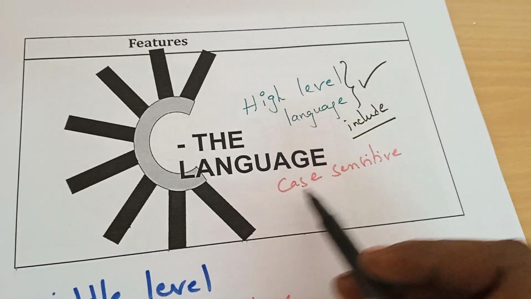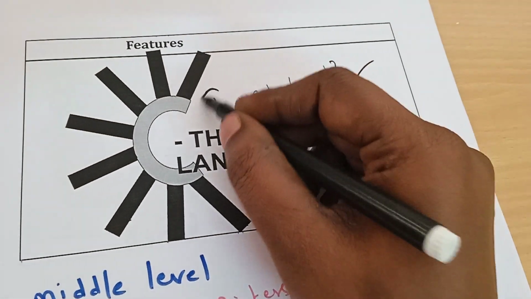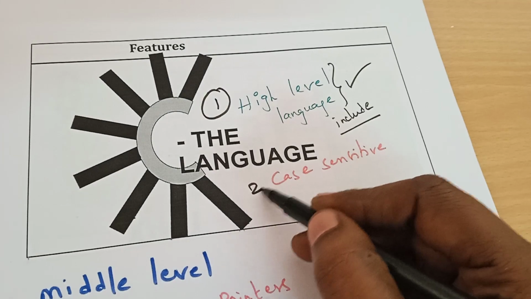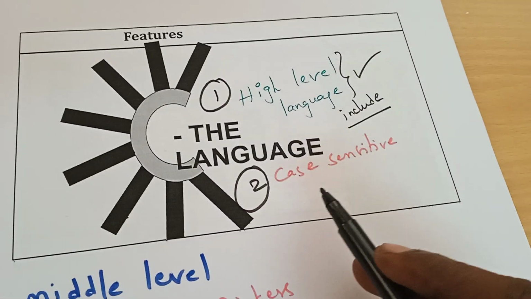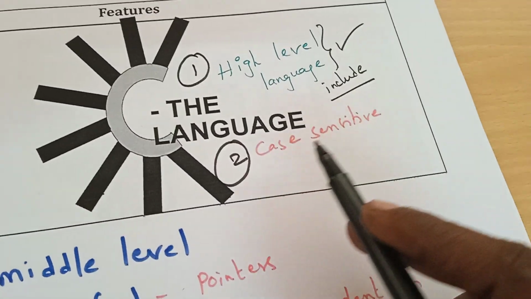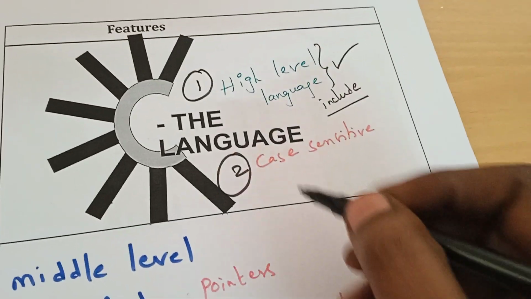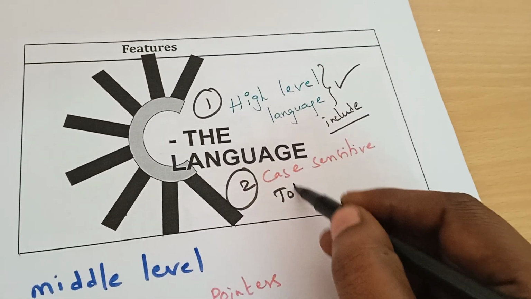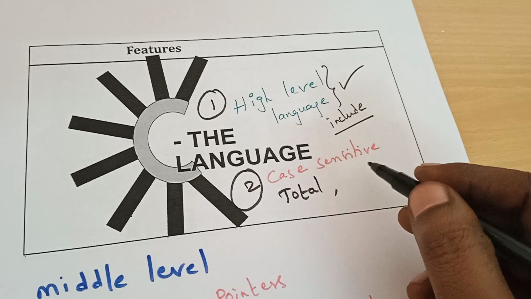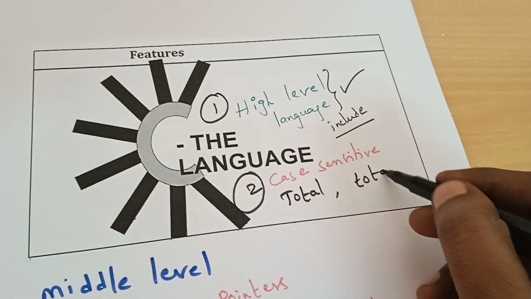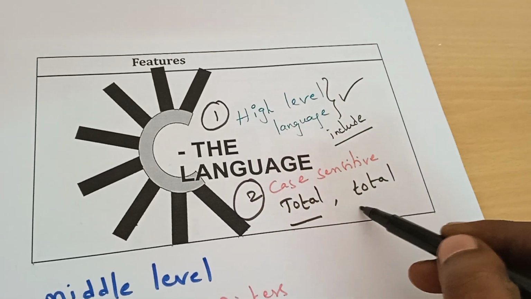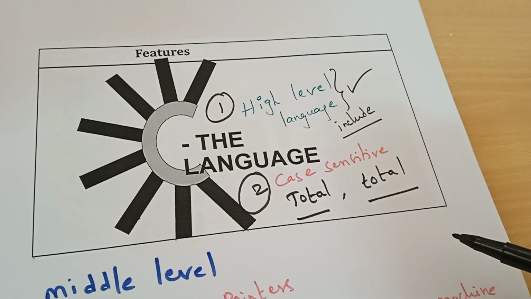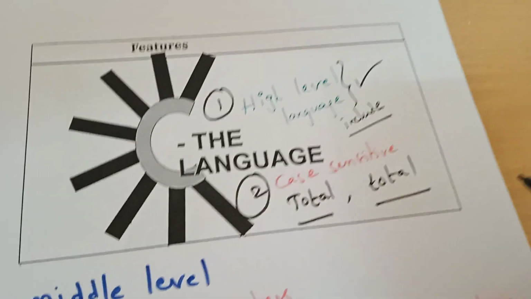And C is a case sensitive language. The second feature, it is a case sensitive language. What do you mean by this? If I have two variables with the names capital TOTAL and small total, these two variables will be recognized as two different variables.